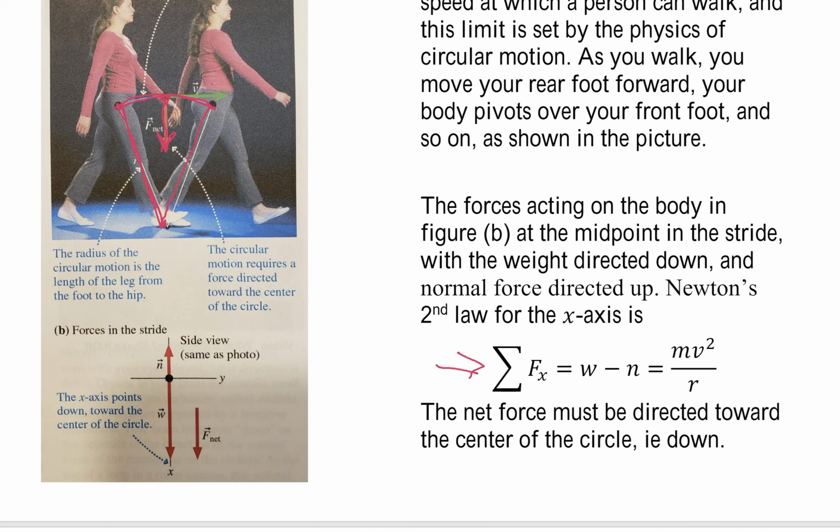The weight minus the normal would equal mv squared over r. The net force is directed down toward the center of the circle, and we have this free body diagram here. The normal is up, the weight is down, F net is down, so the weight vector is actually longer than the normal vector.